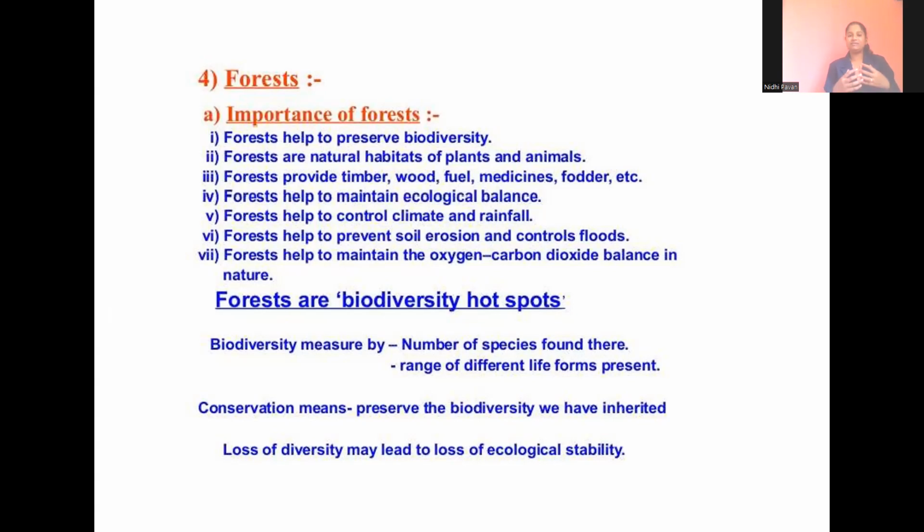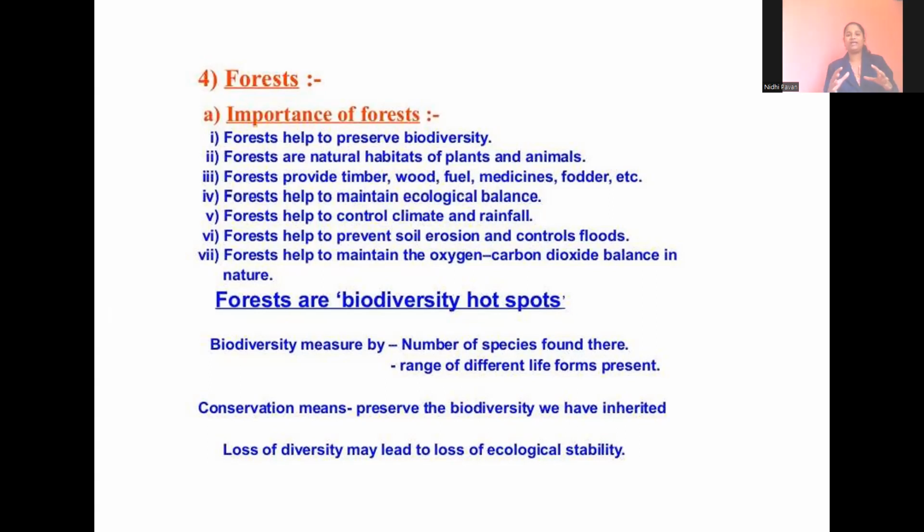Then it provides timber and wood necessary for industries and human beings, as well as medicine and fodder for cattle like cow and buffalo. Then it helps to maintain ecological balance in the environment. It helps in monsoon or rainfall, and it also controls the climate. It prevents soil erosion.